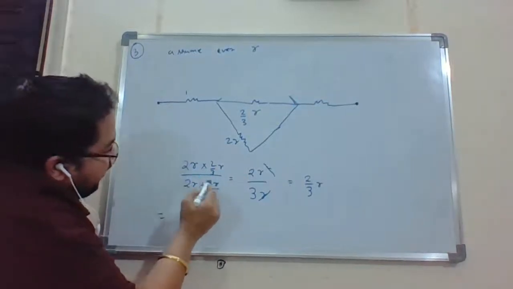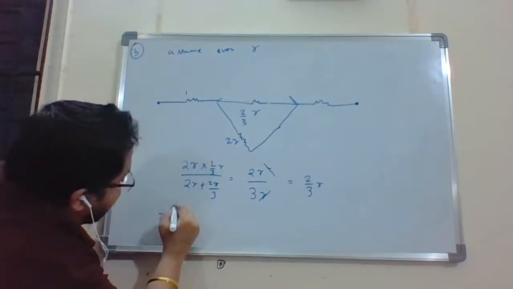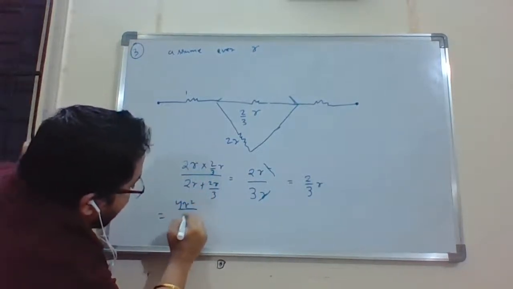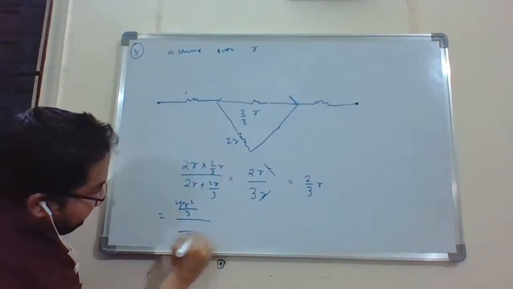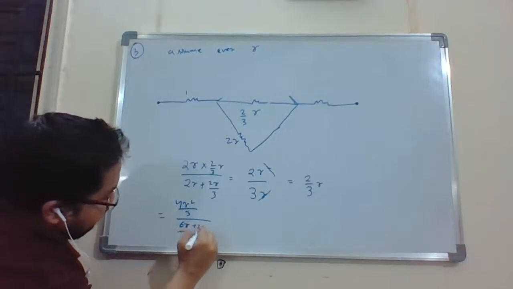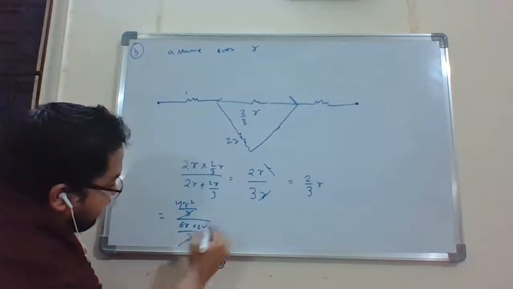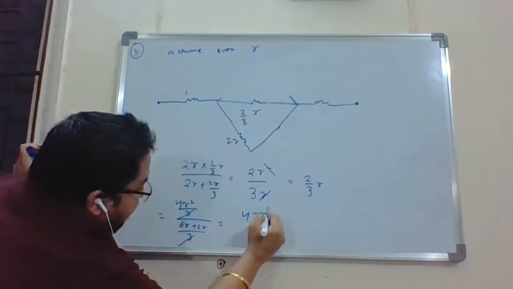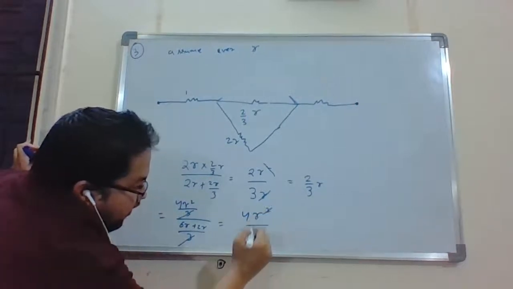So solve it, whatever you get, we'll find it out. So the numerator is 4R squared by 3, and in the denominator, over 3, you will get 6R plus 2R. So these threes get cancelled out. This becomes 4R squared by 8R.